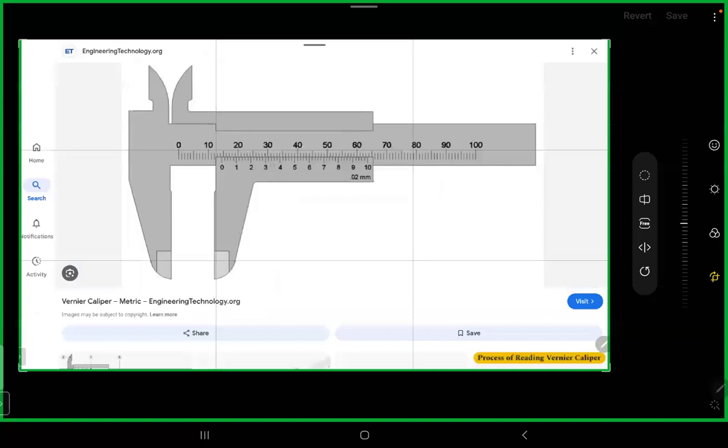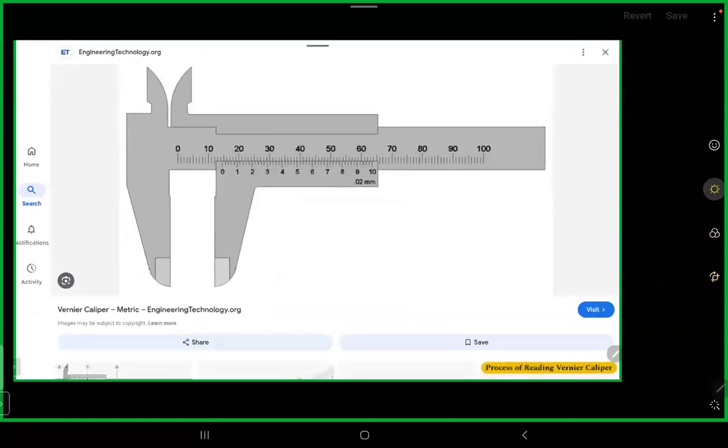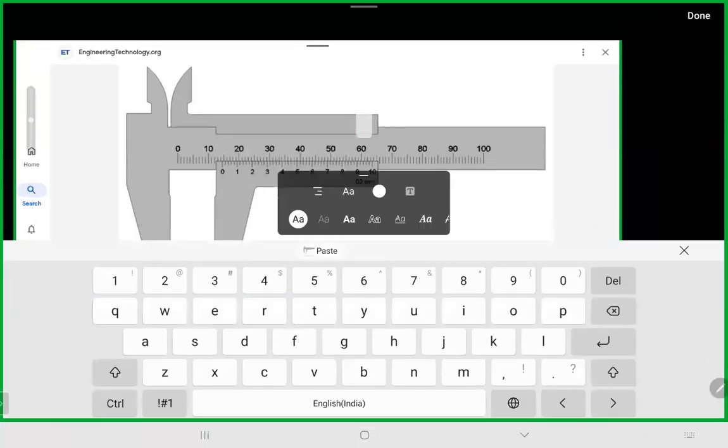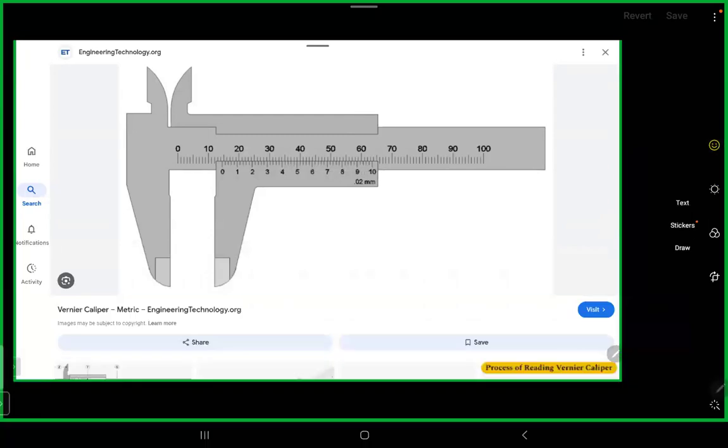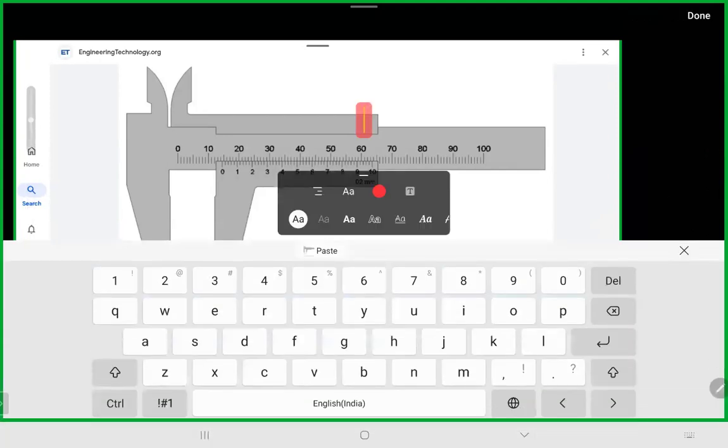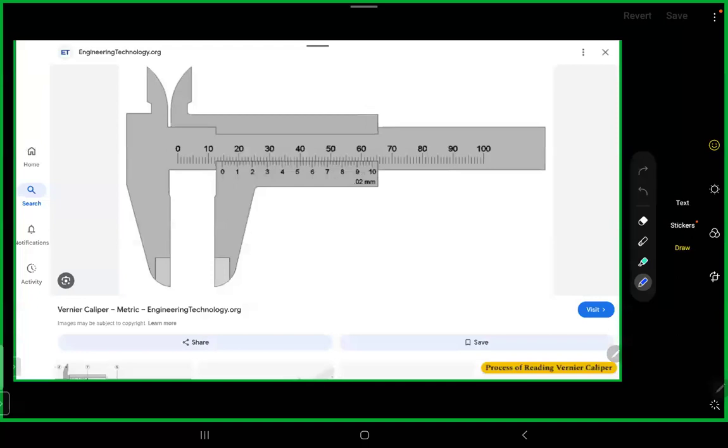How to write on this text, right? How to write on this text. How I can draw, guys? Wait, I got one sticker draw. Yes.